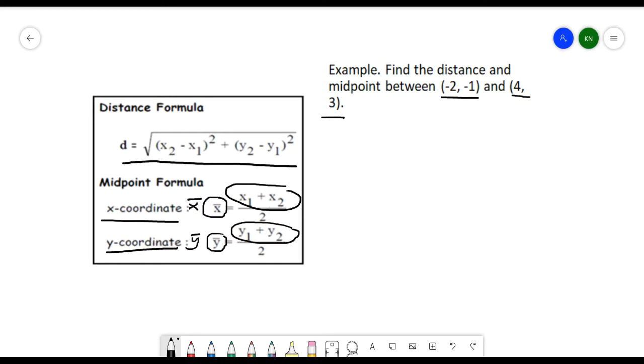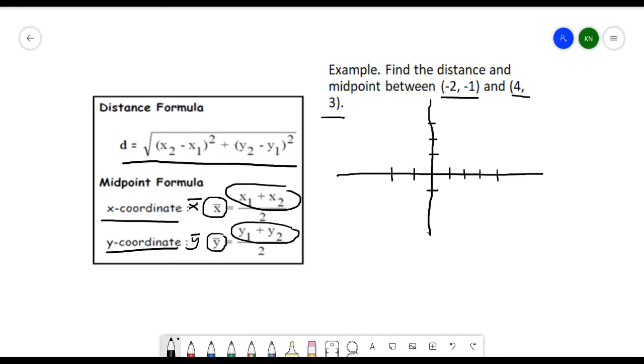So if we try to graph that in our Cartesian plane, we can have 1, 2, 3, and 4. We can also have 1, 2, and 3, and we have the -1 and -2, and also a -1 here.